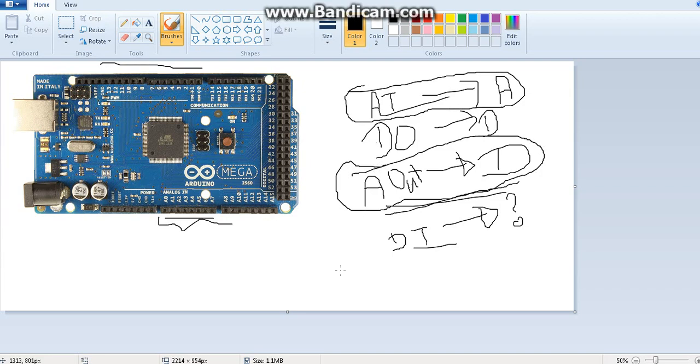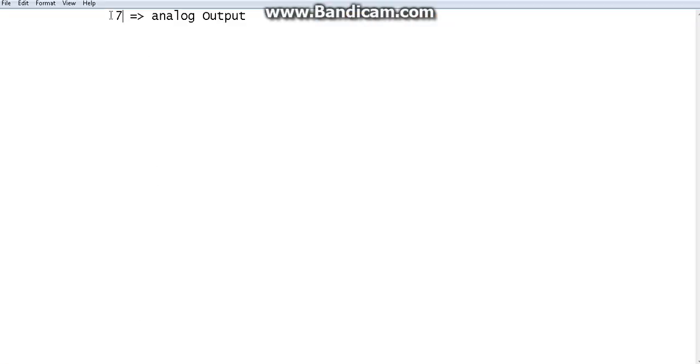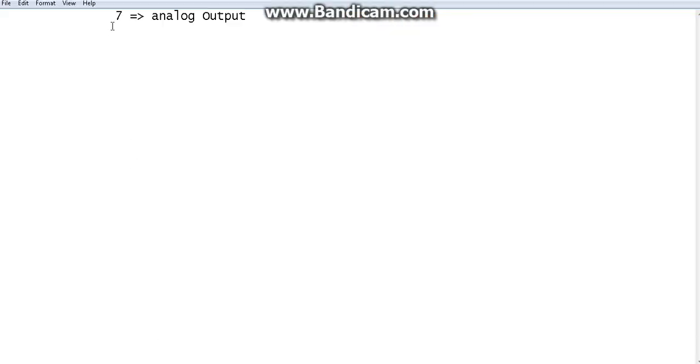Okay, that's fine. So now let's say I'm going to give an analog output in a particular pin number 7. So now you know digital pins can be used to give a digital output and also analog output. No problem, right? You can use them for any purpose. So I can use pin number 7 to give an analog output that I want.